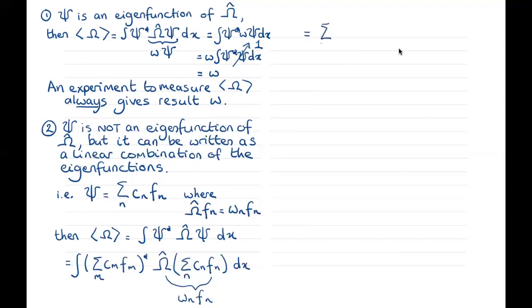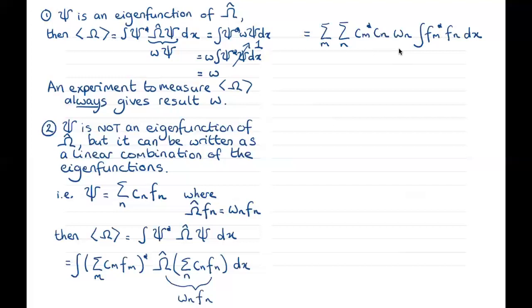We get the sum over m times the sum over n, the c sub m's and c sub n's are just coefficients, and the omega n's are numbers, so I can take those out of the integral, and all that I have left under the integral is f sub m times f sub n dx integrated over all space.